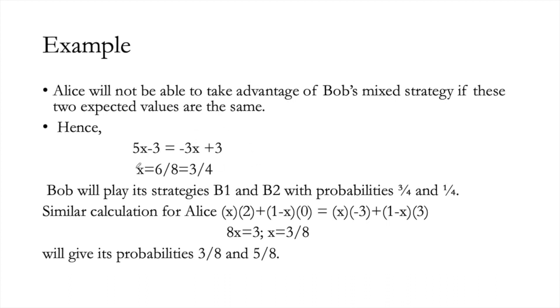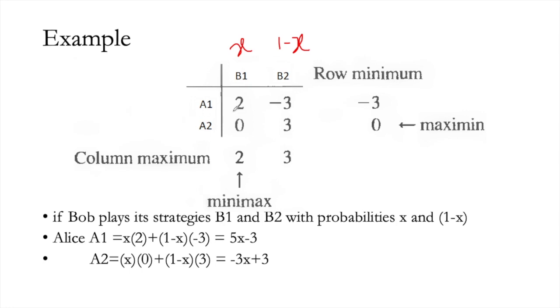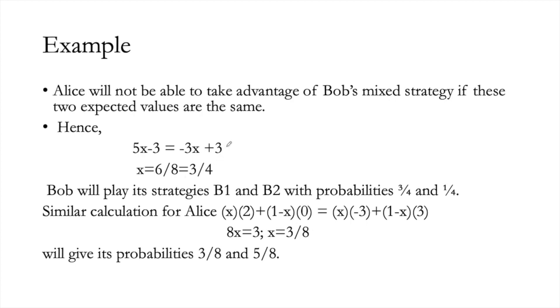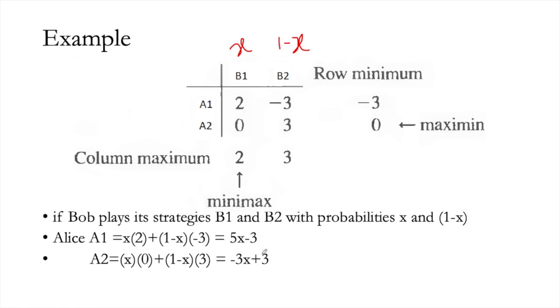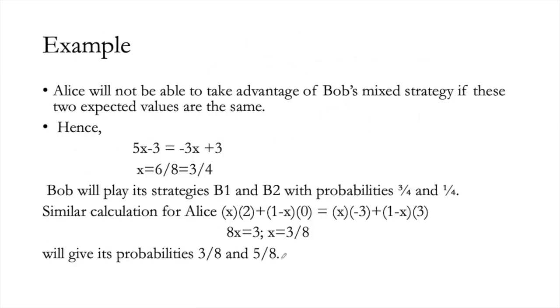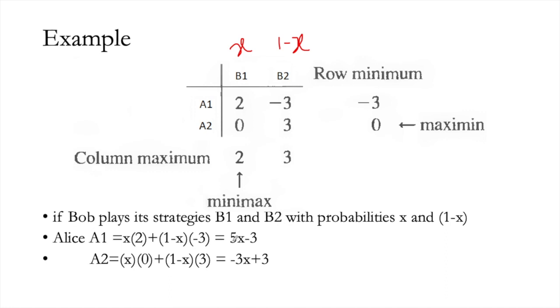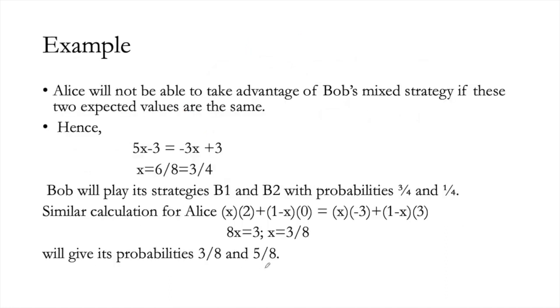Alice cannot take any extra advantage if the gains are equal, because Alice cannot see inside, this is a black box, so Alice can only measure the numerical outcome. If the outcome in all cases is the same, then Alice cannot take advantage of Bob's probability values. So we can equate 5x minus 3 equals 3x plus 3 and solve it.